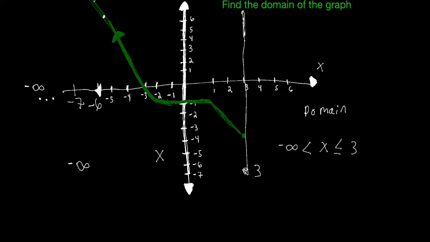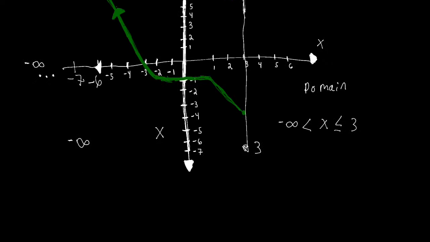This time the less than or equal to comes from the fact that this is closed. And again, as I mentioned in the previous problem, we're never going to put a less than or equal to when we have infinity. So we don't have to specify the bound when we have infinity. So we can just write this domain as x less than or equal to 3.